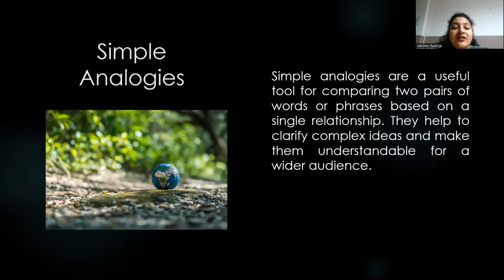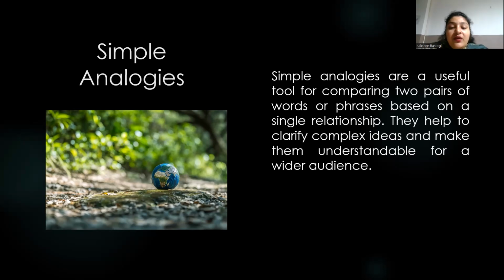Simple analogies are, for example, cat is to kitten and dog is to puppy. Sun is to day and moon is to night. Pen is to write and brush is to paint. Car is to drive and bike is to ride. Book is to read and movie is to watch. Apple is to eat and guitar is to play.